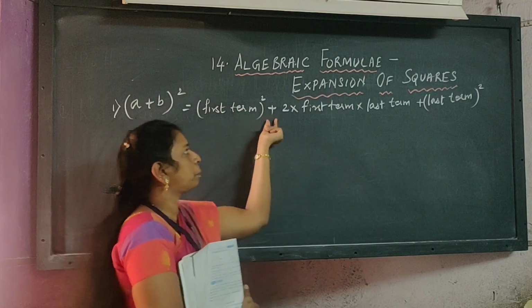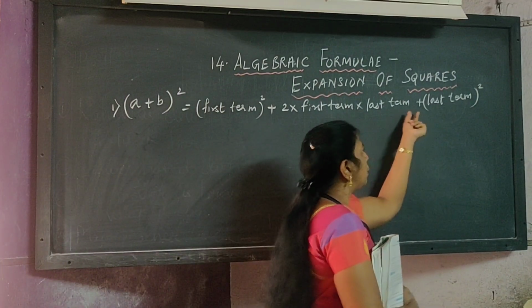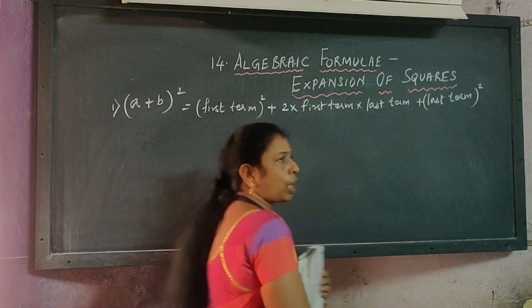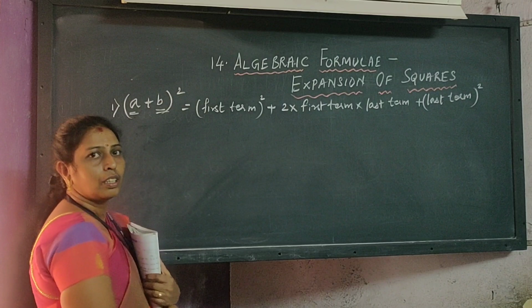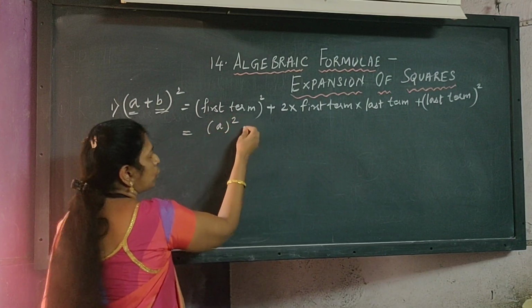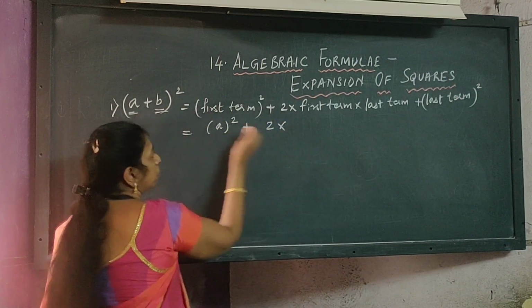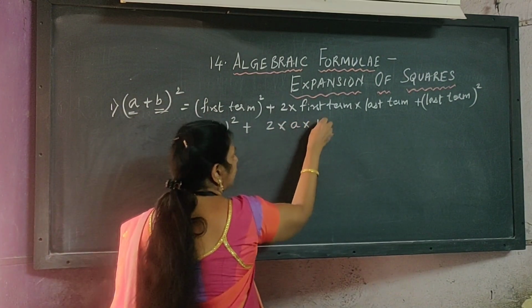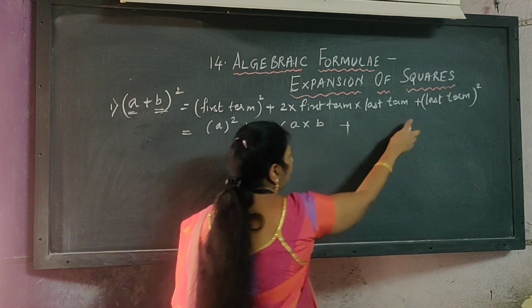I have told you a will be your first term and b will be your last term. So first term, what? a the whole square, plus 2 into first term, which is a, and last term, which is b. So 2 into a into b, plus last term square.